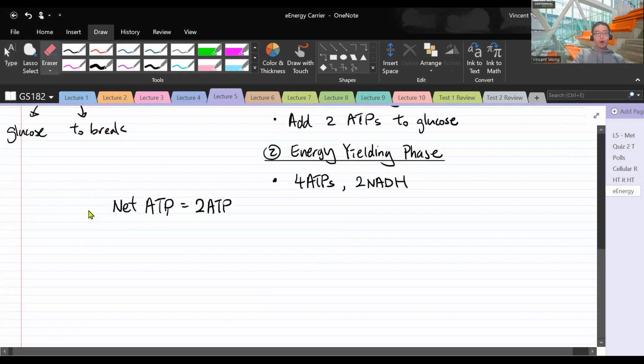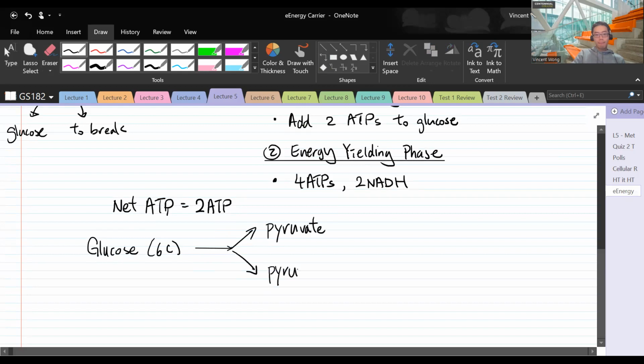So overall, what happens is we started with glucose, and glucose has 6 carbons in it. And then the glucose will split into pyruvate, which is 3 carbons each.